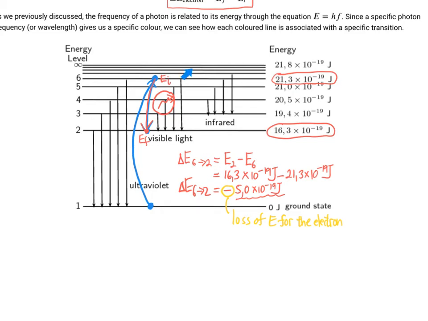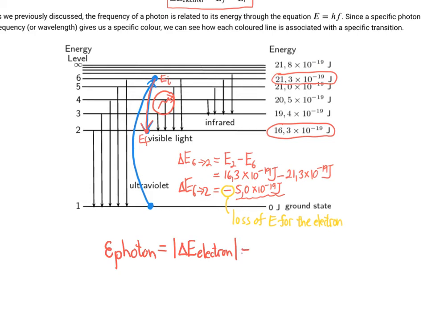When an excited electron falls down to a lower energy level, it creates a photon. So therefore, using conservation of energy, we can say that the energy of the photon is equal to the magnitude of the energy lost by the electron when it drops from a higher energy state to a lower energy state.